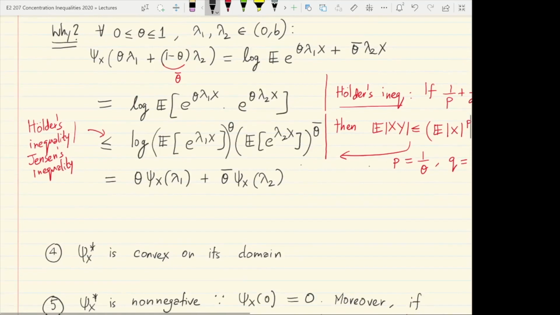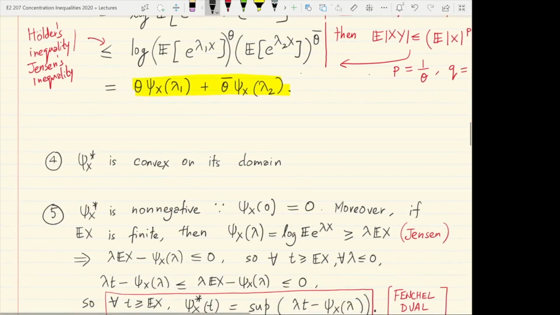Okay, and so this is why cx is convex. Okay, this left hand side being less than this right hand side is exactly the definition of cx being convex.